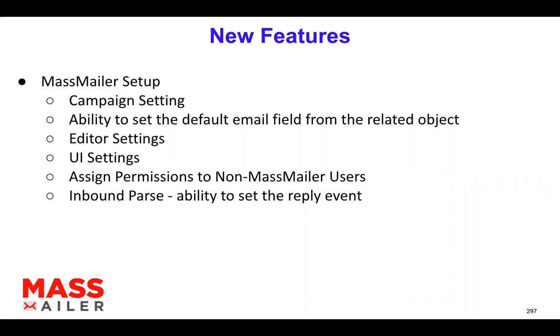Again, it may be confusing if I just talk about this. I'm sure once I demonstrate it, you will understand what it means to default the email field from a related object. But if you got what it means, let's say you're sending out emails from account to contact, right? But you want to default the email field for the contact to a specific email field.